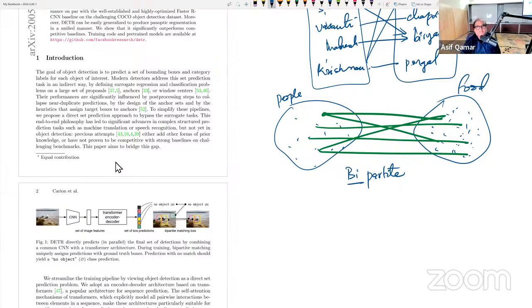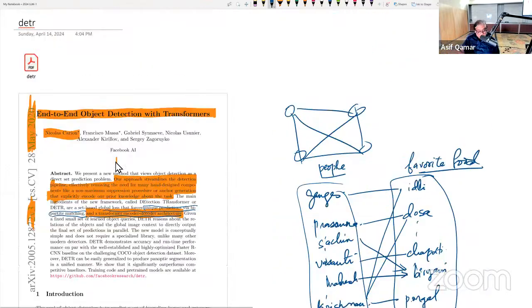The graph is just made up of edges connecting members of one set to members of the other set. They could be one to one, many to one, one to many, many to many. But it's bipartite. So now we try to look back at the bipartite matching.